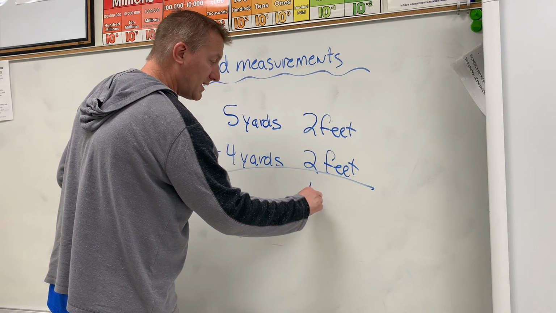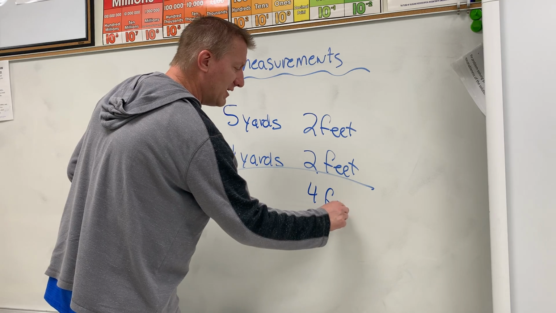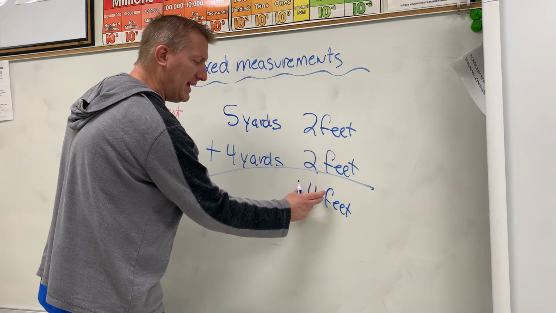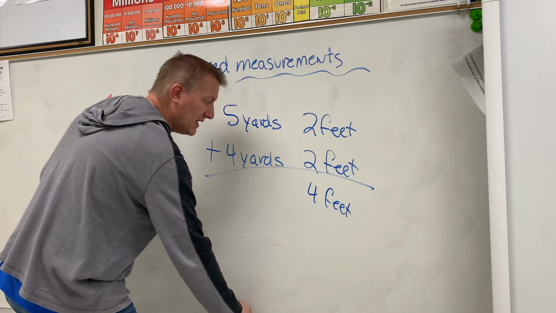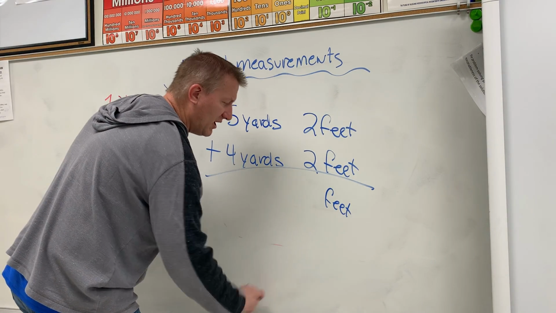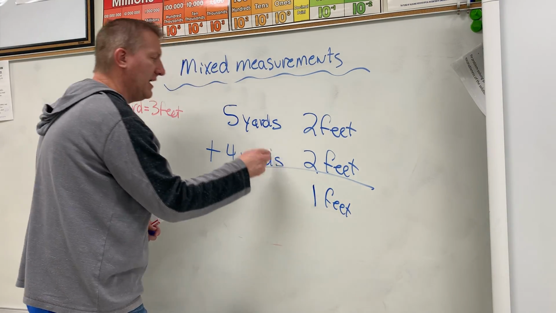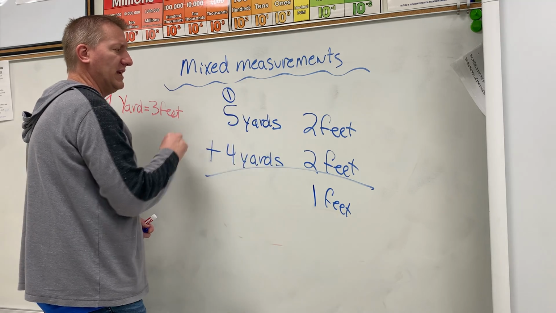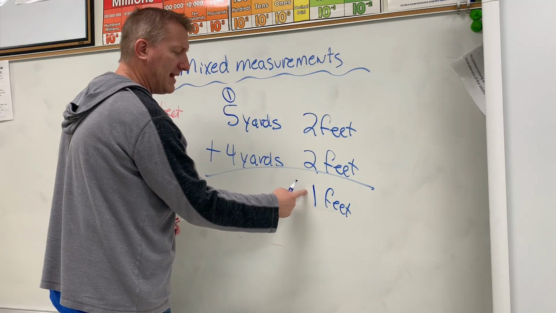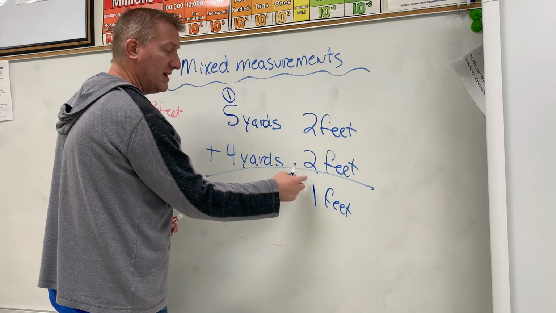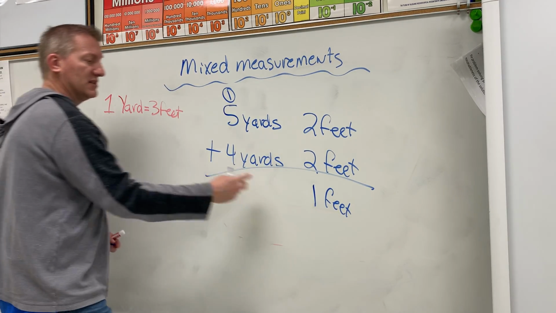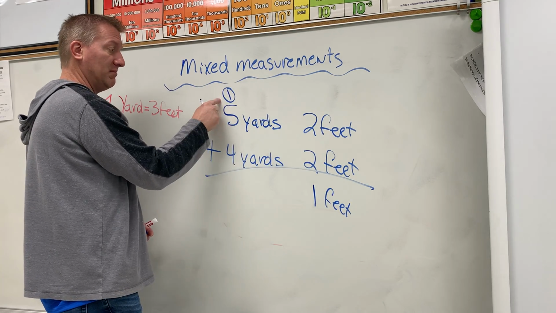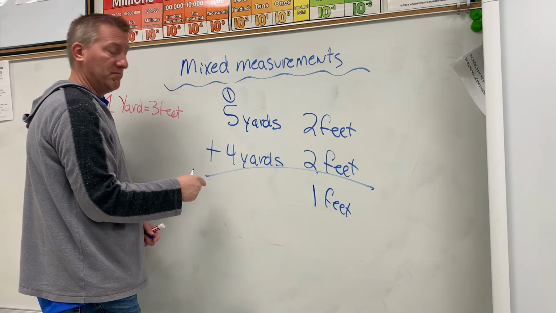So if we have 4 feet down here, we can take 3 of those feet and carry it forward over here. So 3 feet makes a yard, so I'm gonna make a yard and I'm gonna carry 1 over here. So I normally added that up and that was 4, but 4 feet is over a yard, so I can take 3 of those feet and make a yard out of them.